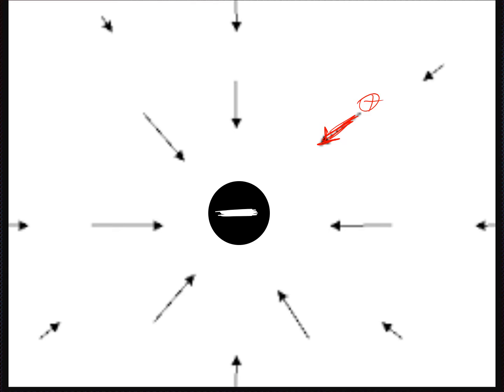So that's why you can see the arrows that are towards the middle are larger, and the arrows that are farther away are smaller, meaning a smaller force. So you can draw electric field lines that show generally what the force would be on a small test charge that's placed anywhere in that region.